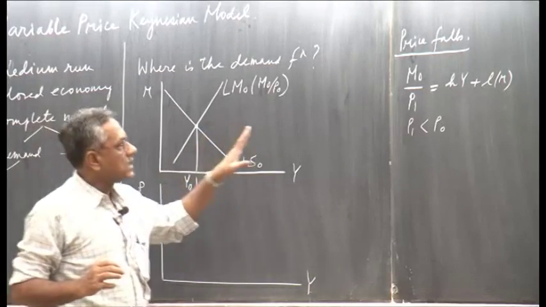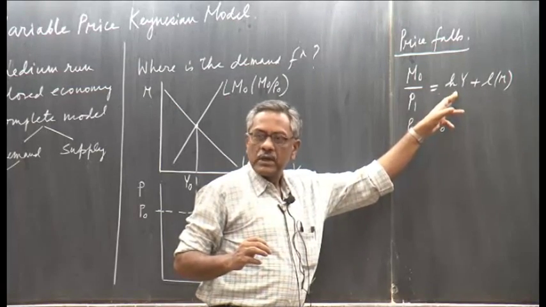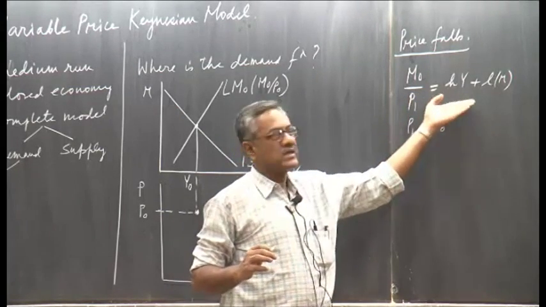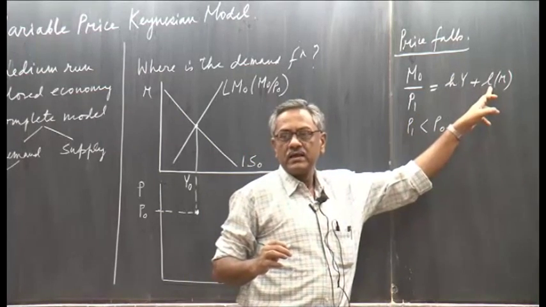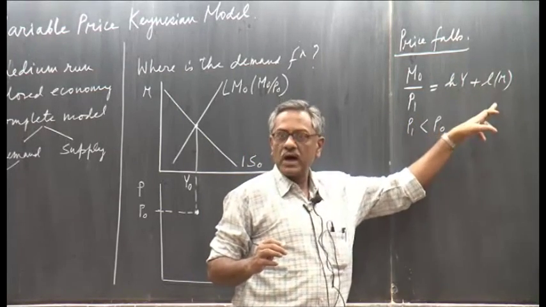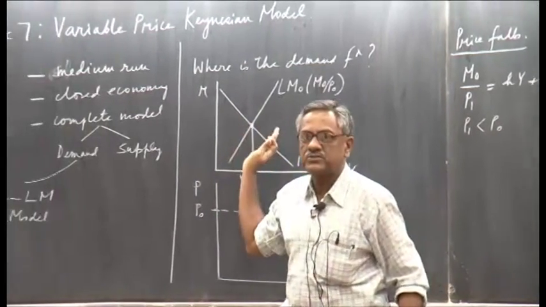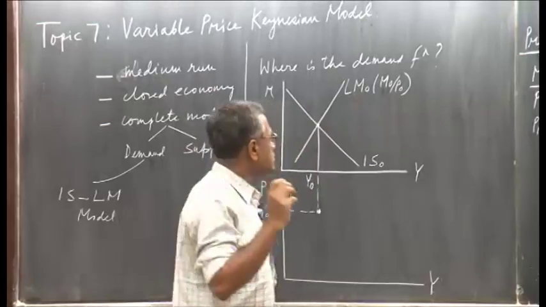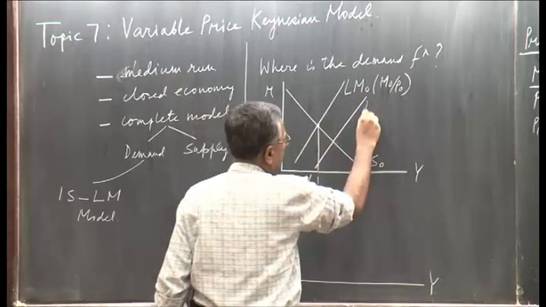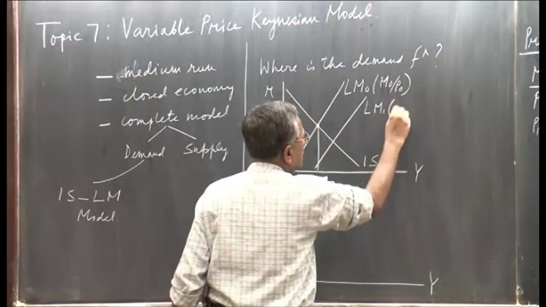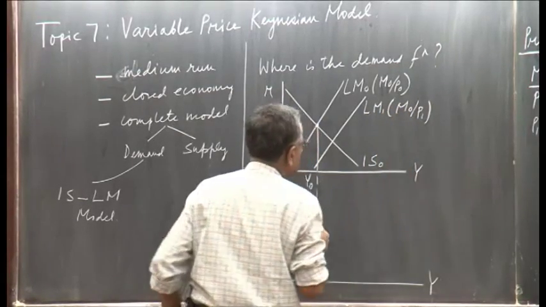It requires a higher level of Y. If the left-hand side increases, the right-hand side can increase either with a higher level of Y or with a higher level of L. A higher level of L requires lower R. All this indicates that the line will shift to the right. So the LM function will shift to the right, and it will become LM1, which has the same money supply and price P1.